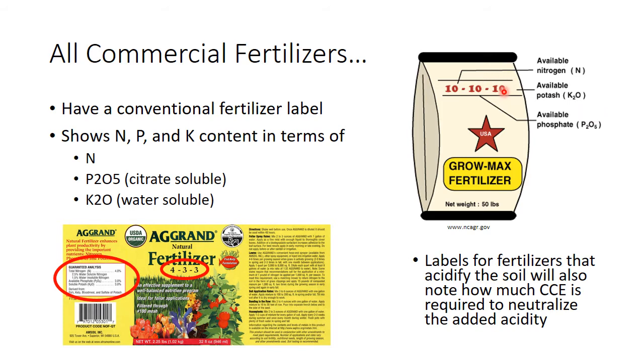And then we have 10% available potash, or K2O. So nitrogen is always listed as the percent of nitrogen, but if we want it as a percent of pure phosphorus, we need to factor out the weight of this oxygen, and same with potassium. And I'll show you how to do that shortly.